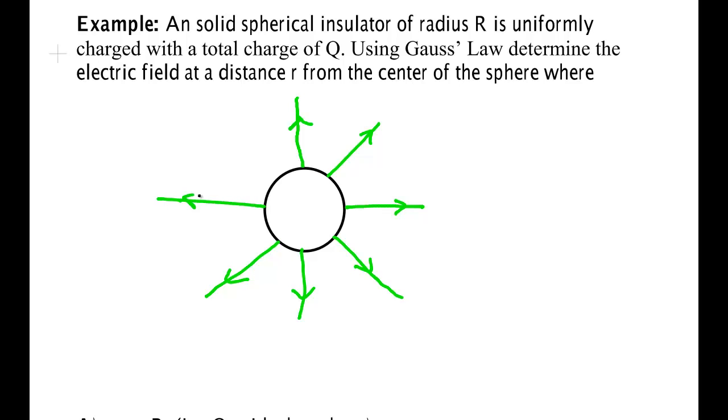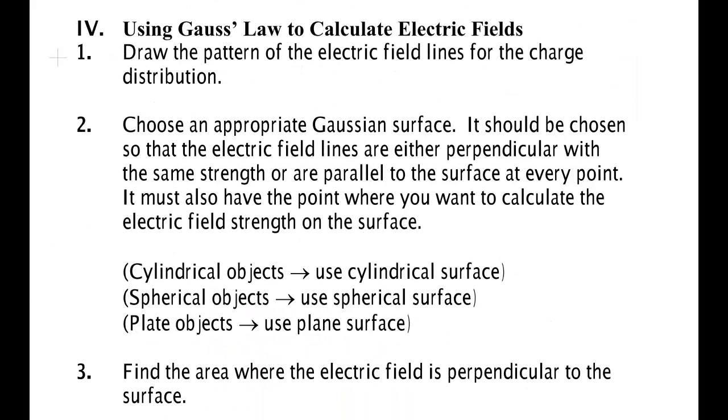I'll just draw a few of them. So they have spherical symmetry. They have the same shape as the charge. So I know basically the shape of the field lines. And I know if it's a positive Q that the field lines are all going out, and if the Q is negative, they're all coming in. So that meets the first part.